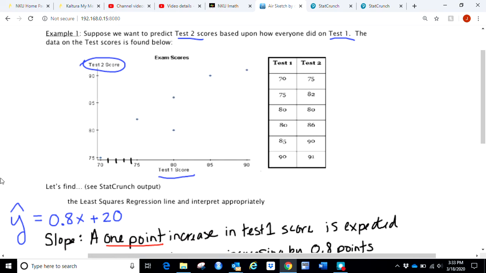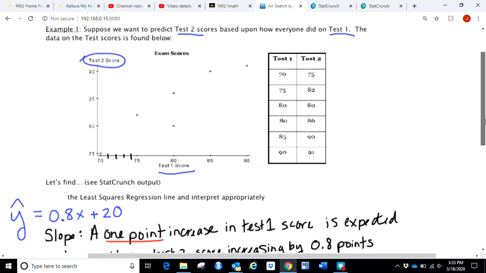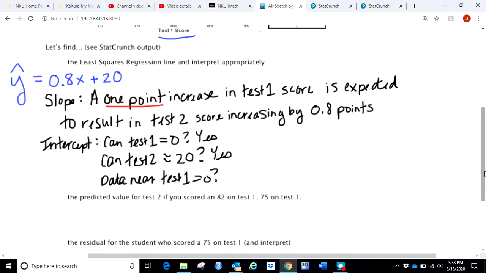Somewhere way off this screen, right? I don't have any test 1 scores near 0. So for that reason, I'm going to say no, and that tells me to not interpret the intercept. We will see an example where we actually do get to interpret it, so you can see what an interpretation of the intercept will look like.